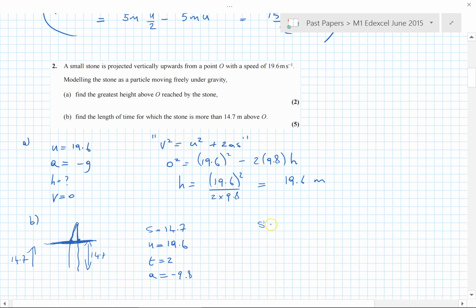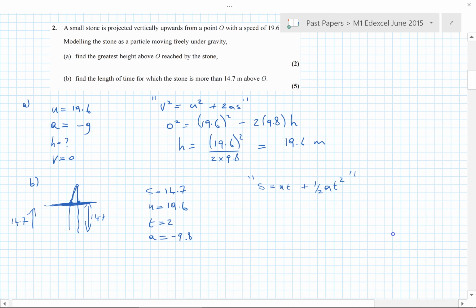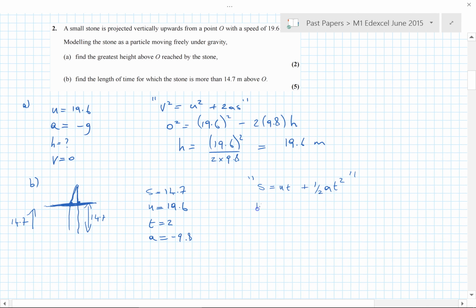So we're going to use s equals ut plus half at squared. That gives me 14.7 is equal to 19.6t minus a half times 9.8 t squared.